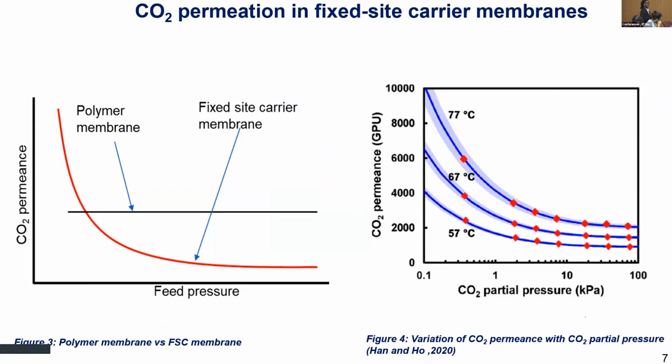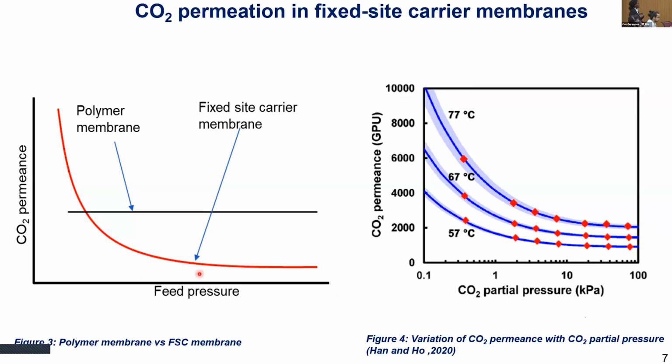The concentration of the water within the membrane profile is changing. The figure shows that as the CO2 partial pressure is decreasing, the CO2 permeance also decreases. So along the membrane profile, the CO2 permeance is not constant, it is changing.